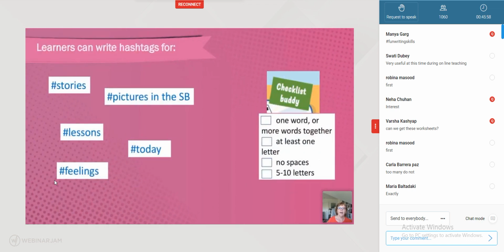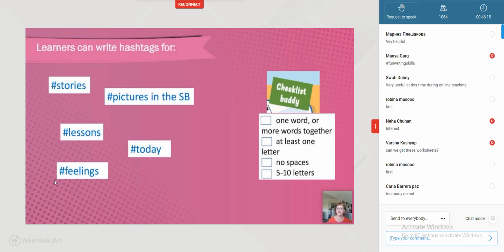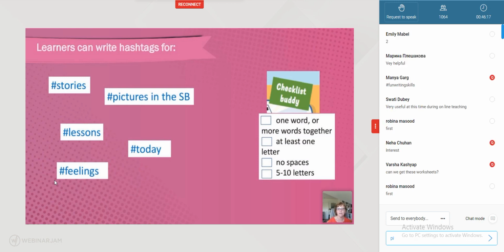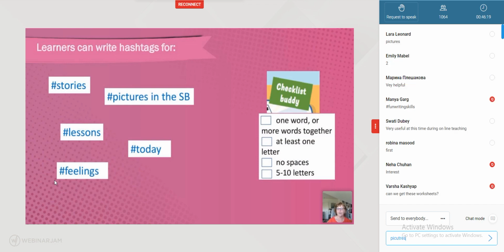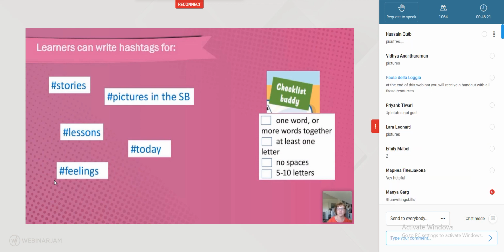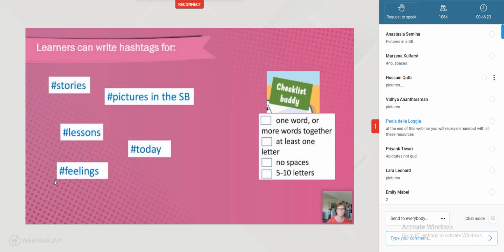So this is my tip of how you could get your students to use hashtags in their learning. And I've also got a task for you. Which of those hashtags is not a good hashtag? Look at the checklist, and which of those hashtags is not a very good hashtag?